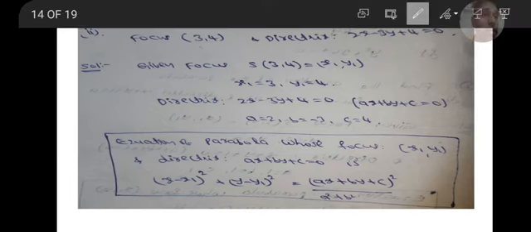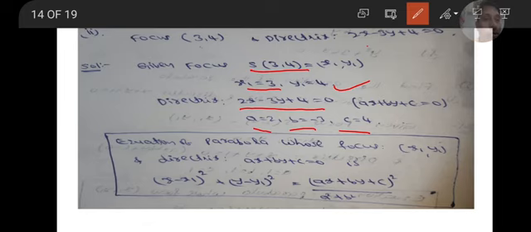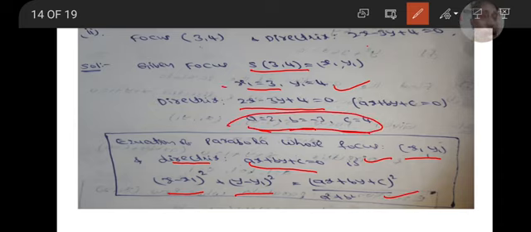Focus is given as (3, 4), so x1 = 3, y1 = 4, and directrix 2x − 3y + 4 = 0, so a = 2, b = −3, c = 4. The equation of a parabola whose focus is (x1, y1) and directrix is ax + by + c = 0 is (x − x1)² + (y − y1)² = (ax + by + c)² / (a² + b²). So substitute these a, b, c values and x1, y1 values in the equation.